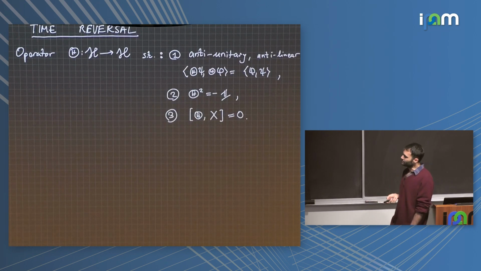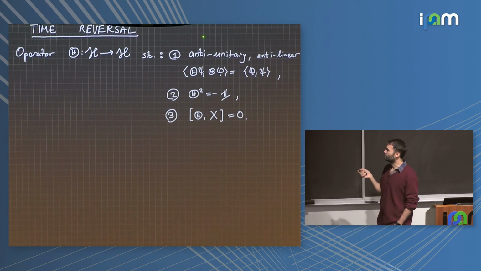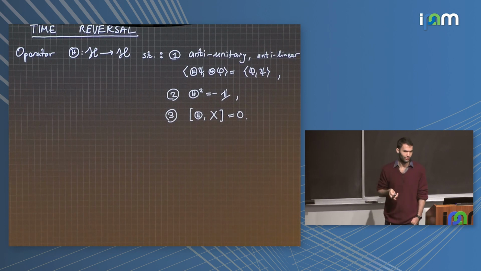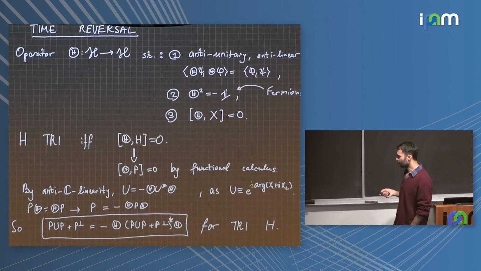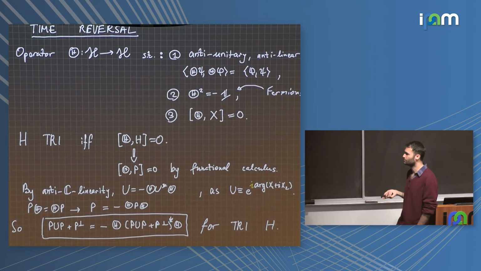In the time reversal invariant case, you need the time reversal operator, which squares to -1 for fermions. It is an anti-unitary, anti-linear operator, and it should better commute with the position operator because it should act locally in space. The Hamiltonian is time reversal invariant if it commutes with time reversal, and that immediately implies also that the Fermi projection commutes by the functional calculus.